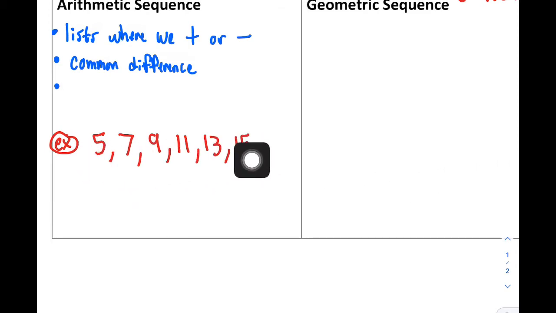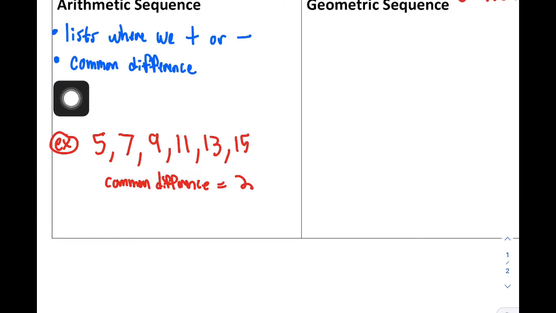So here I have a sequence where I know to get from this term to this term, or this term to this term, we added 2. And 2, in this case, is our common difference. Because we added 2.